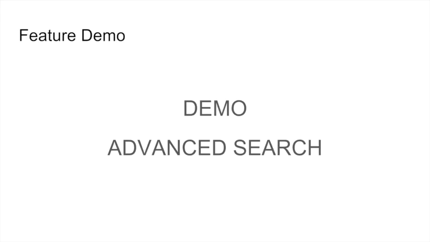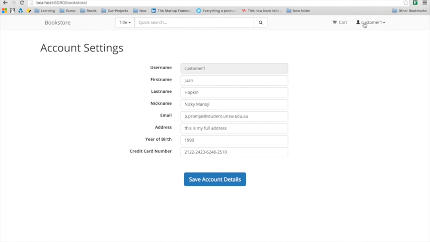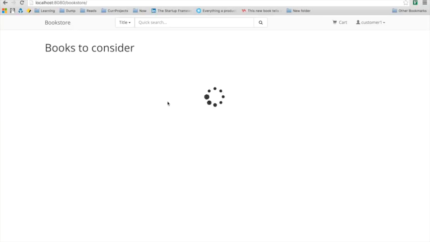Next, we're going to talk about our advanced search feature. So here we're going to the home page again, and then say we want to search for, let's say, software.